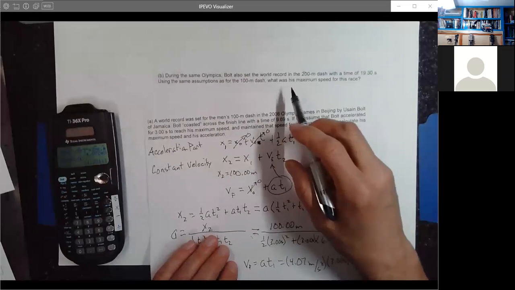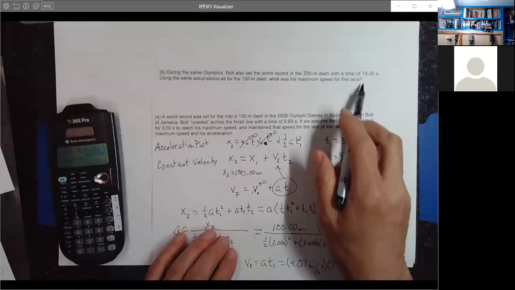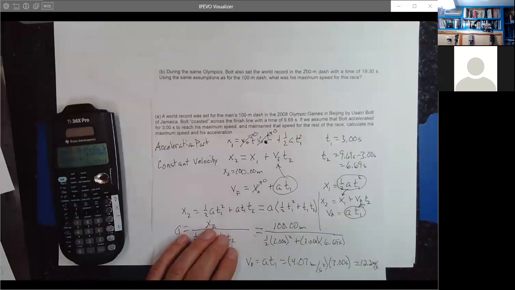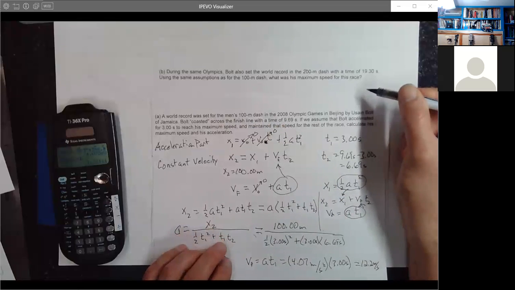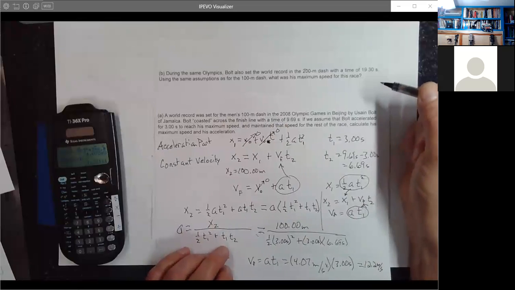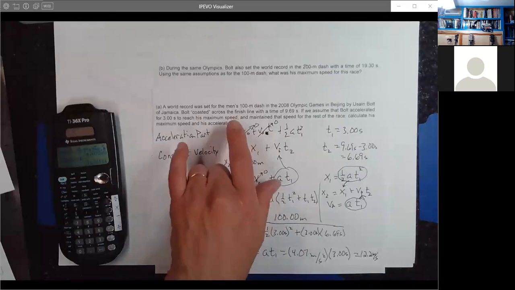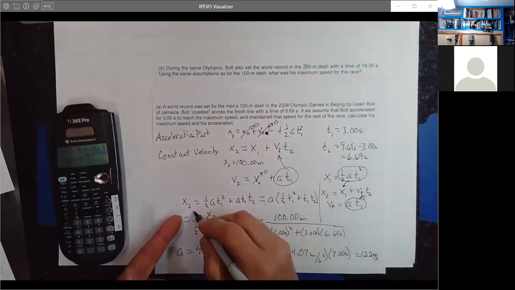But during the same Olympics, he set the record for that. So with a time of 19.30 seconds, using the same assumptions as for the 100-meter dash, what was his maximum speed for this race? Well, if it's the same assumptions, we'd have to kind of redo the thing again, except this formula should still work.